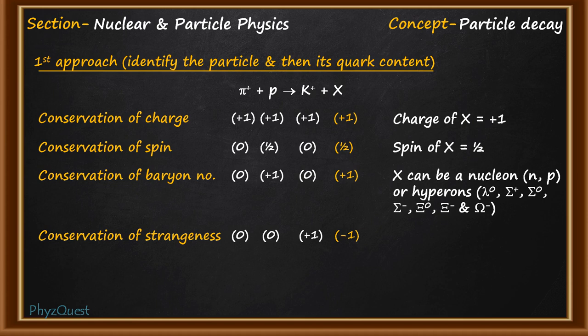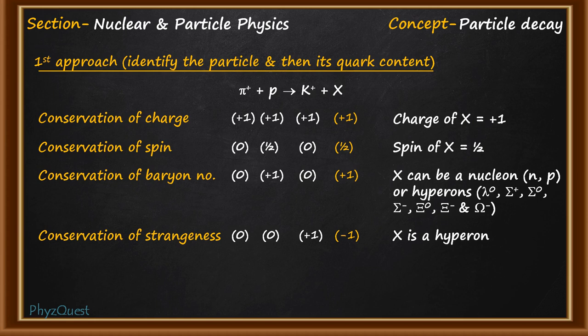Since the particle has strangeness, it cannot be a nucleon, because nucleons are not strange particles. So it's definitely a hyperon. Now we have the profile of the particle X: its charge is +1, spin is half, baryon number is +1, and strangeness is -1, so it is definitely a hyperon.